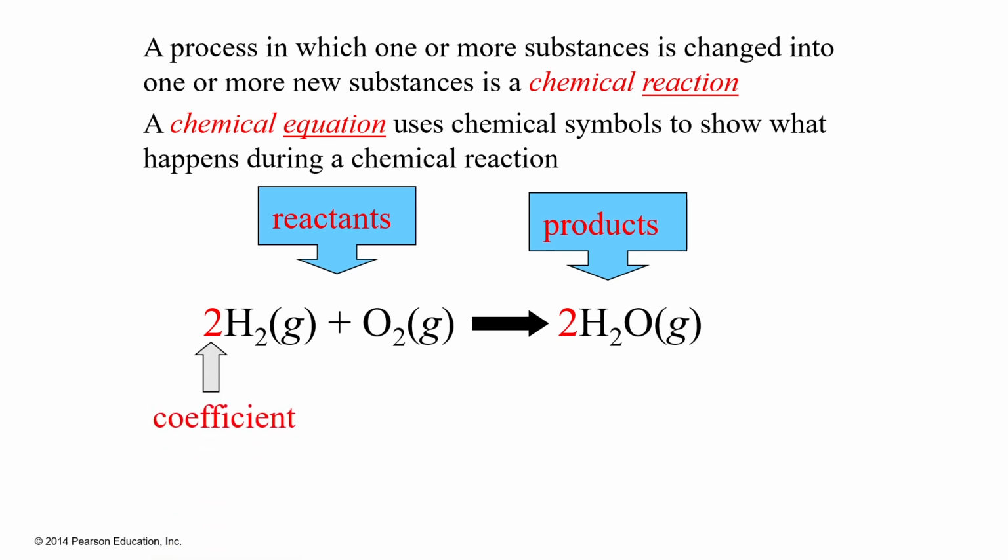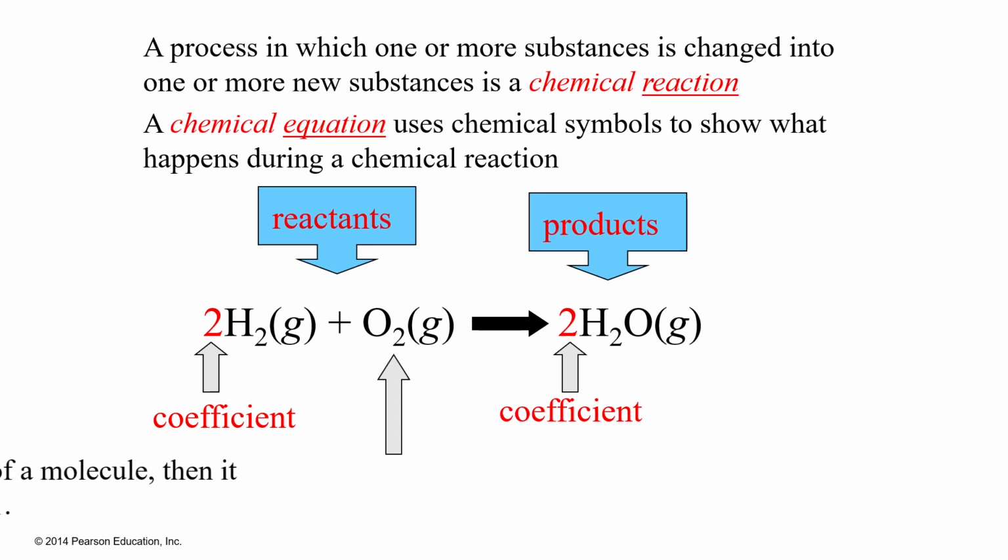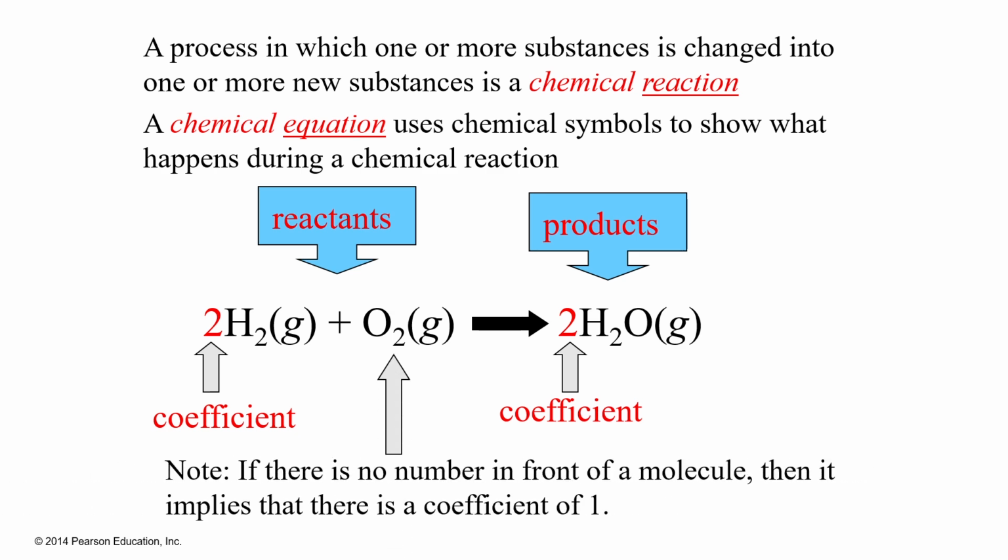You'll notice that there are some numbers in front of some of the formulas, and we call those coefficients. Notice that for the oxygen here, the O2, there is no number written, but we are implying that there is a coefficient there. It's just that it's 1, and we don't write the 1.